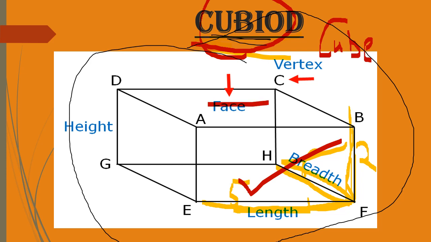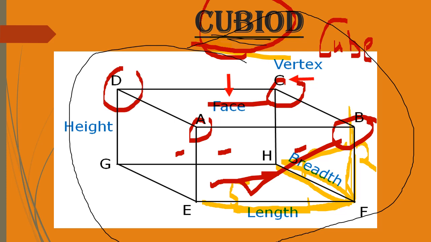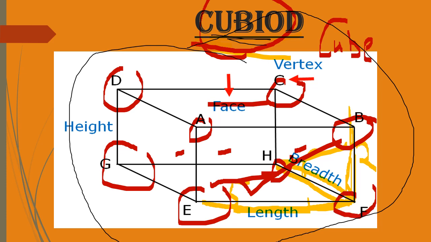Else face 1, 2, 3, 4, 5 and downward 6. 6 faces, vertex 1, 2, 3, 4, 5, 6, 7, 8 vertices. Same thing, everything will be the same.